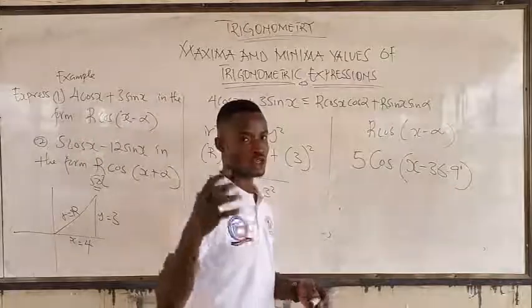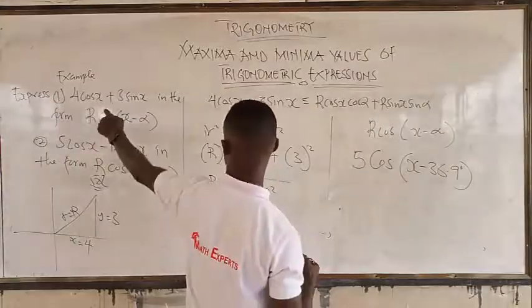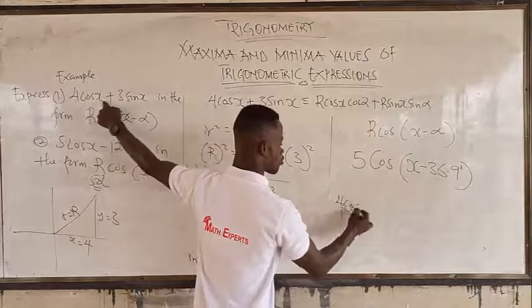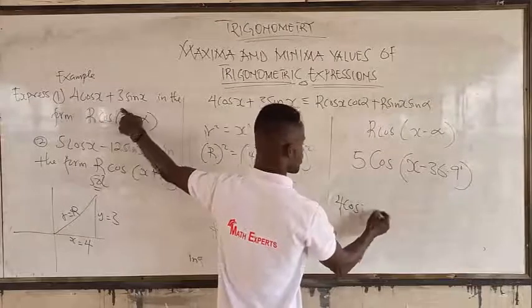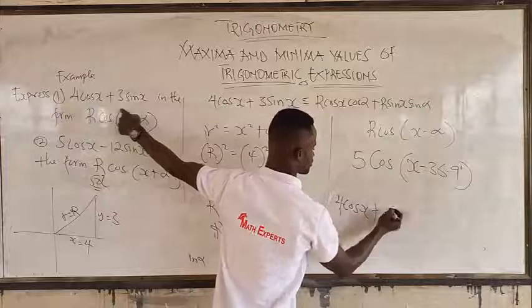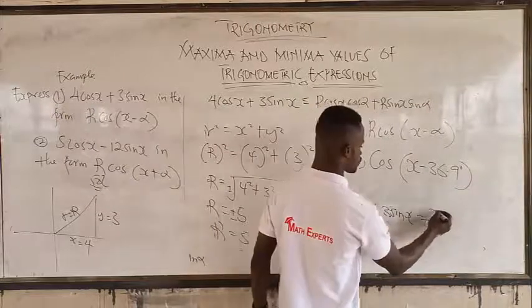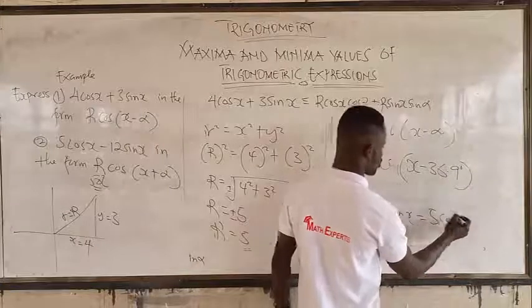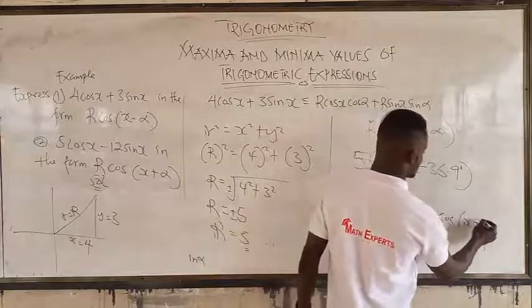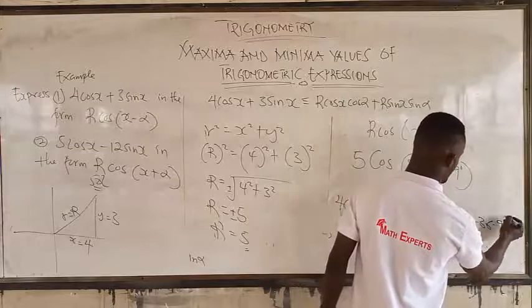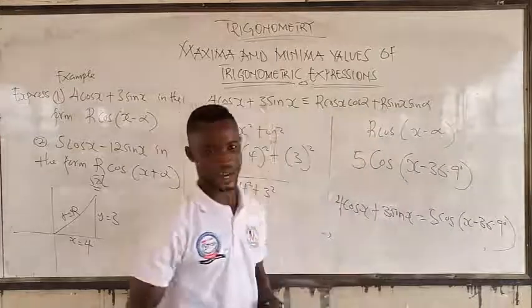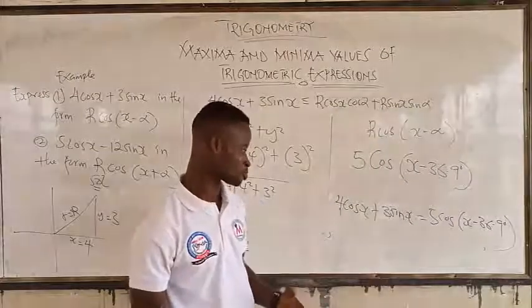Therefore, we have concluded that 4 cos x plus 3 sin x is equal to 5 cos x minus 36.9 degrees. Alright, so let me tell you something.